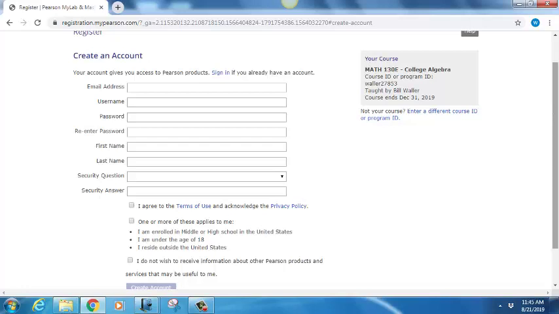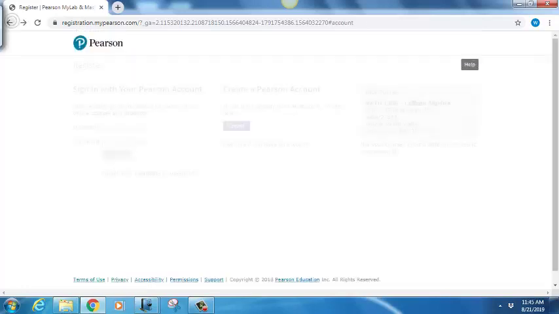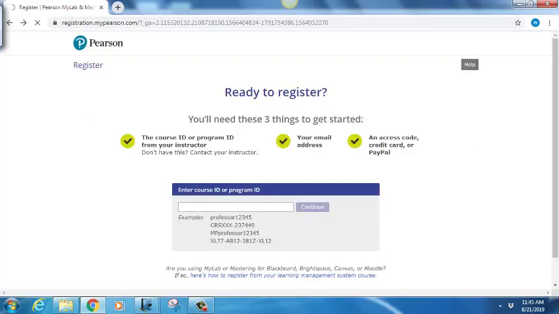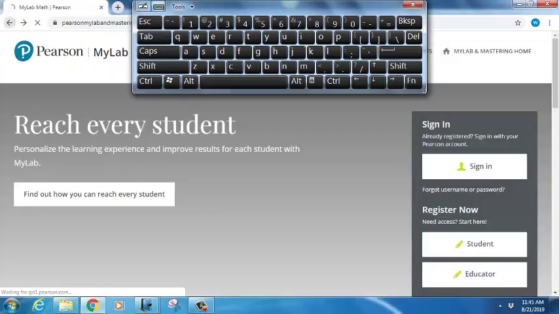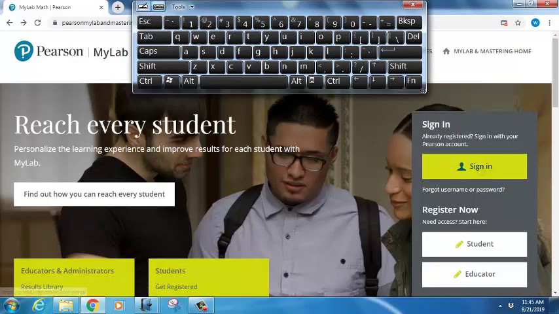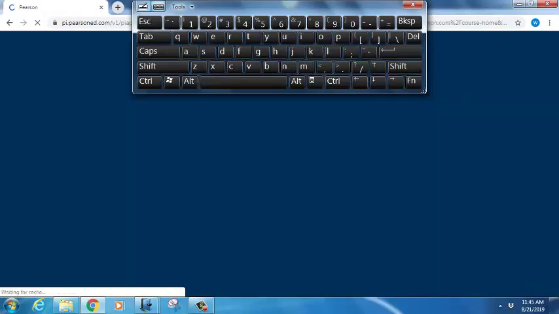All right, let me see if I can backtrack here now and actually see what things look like once you've gotten registered. So let me go ahead and sign in as myself.